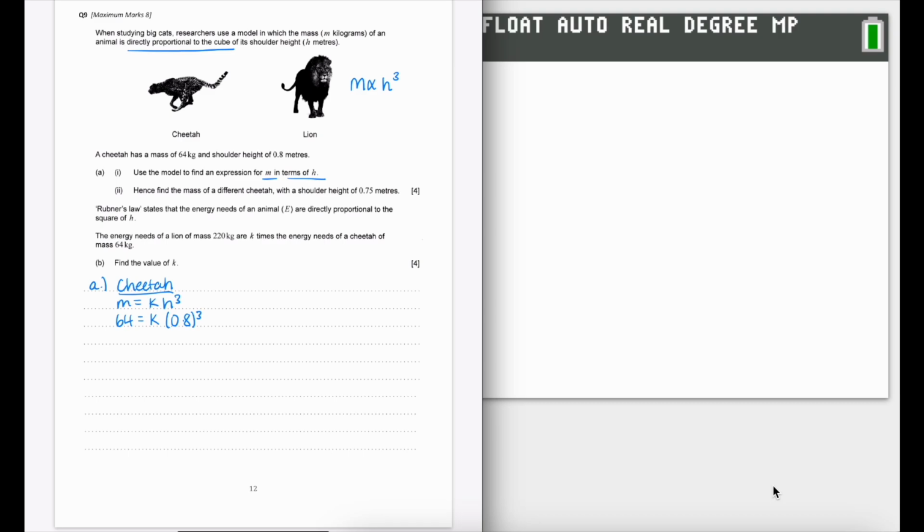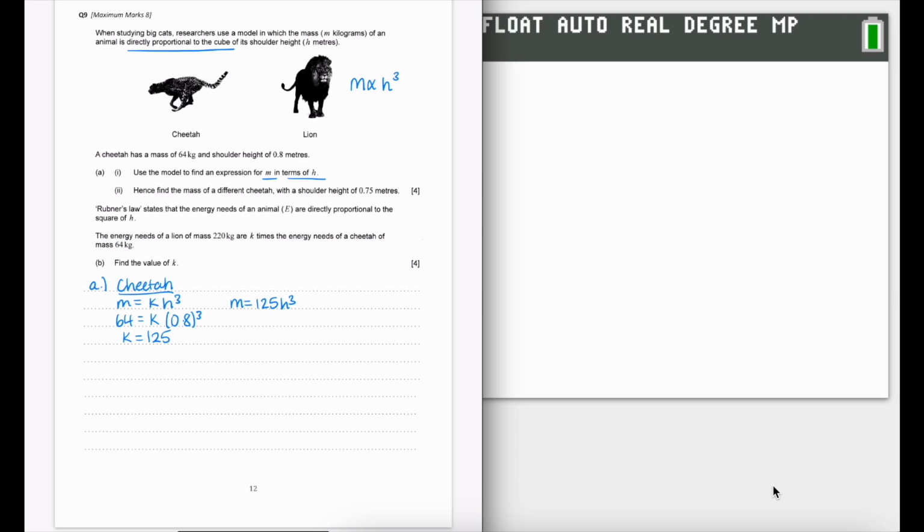I can type that into the numeric solver and find that k is equal to 125. So I now know more specifically that the relationship is m is equal to 125 h cubed. That's the first part of the question, which is asking us to find an expression for m in terms of h.